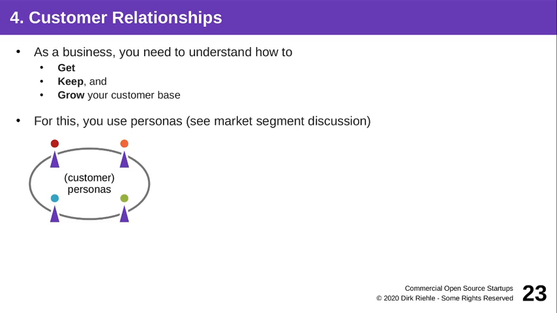And you want to potentially grow them in terms of revenue. So getting customers, keeping them, so not losing them, and growing them is important to maintaining healthy revenues. For the initial how to sell to them, please refer to our personas discussion.